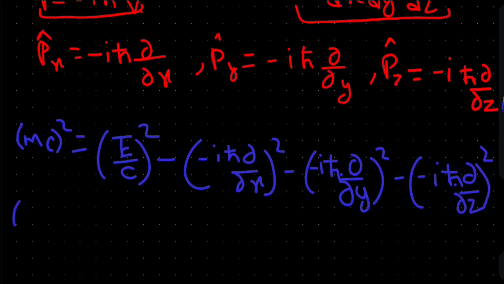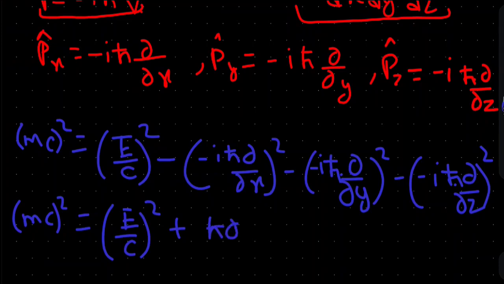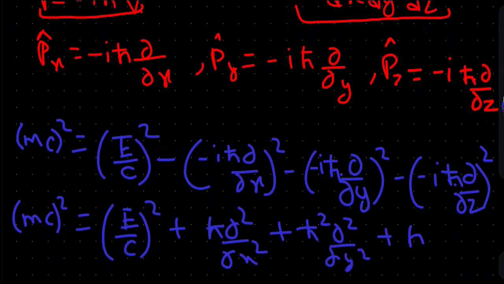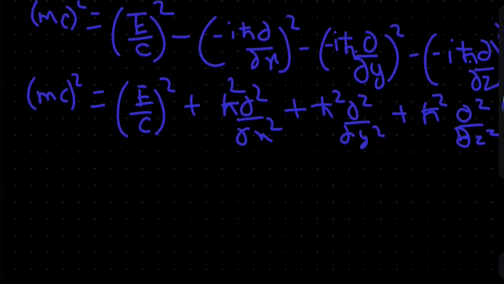Okay, now mc square is equal to (E/c) whole square, and when you do the squaring of this particular term, minus will cut out and this iota will open, which is -1, and this minus and minus will cut out, and the equation you are left with is the positive h bar square del square by del x square plus positive h bar square del square upon del y square plus h bar square del square by del z square. So this is the equation.